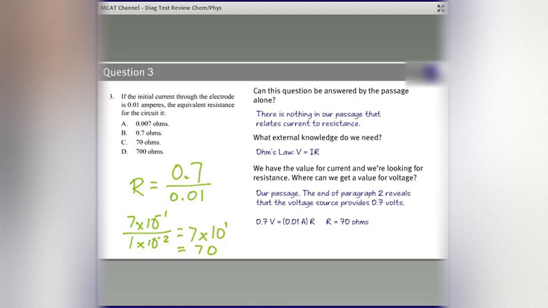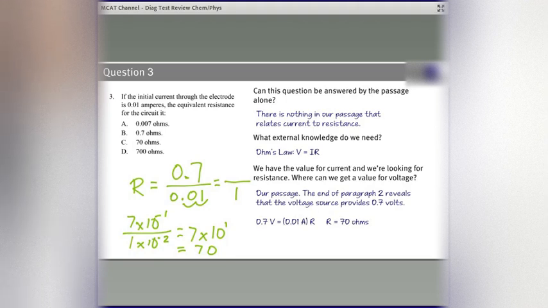One of the other things we can do is take our 0.7 over 0.01 and multiply so that 0.01 becomes 1. Well, how many decimal places did I move? I moved 2 to do that. So what do I have to do with my decimal place on top?